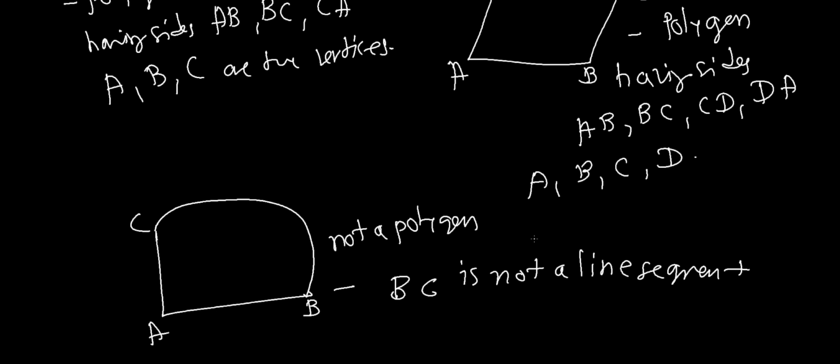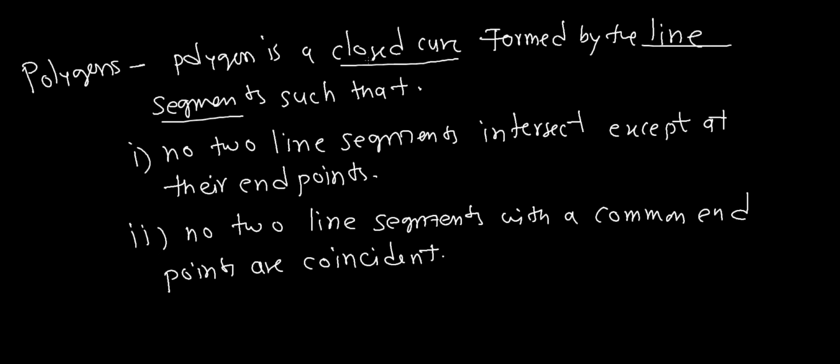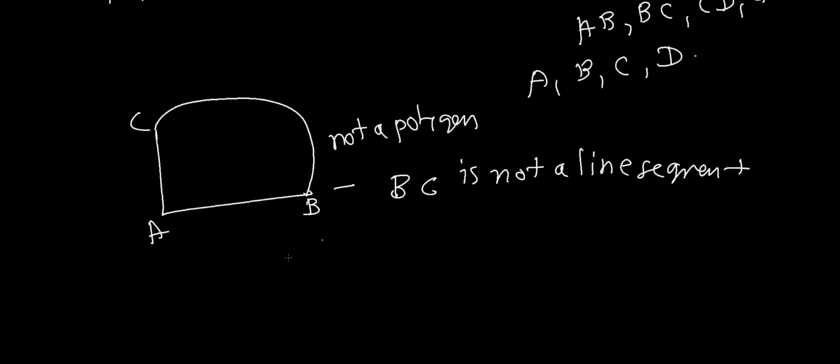And what have we said about a polygon? A polygon is a closed curve formed by line segments, and there are two conditions for those line segments. So this is a curve but not a line segment.